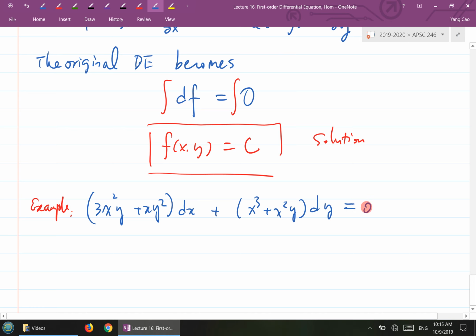Here is a differential equation, first order. We write it in the format of p of x y times dx plus q of x y times dy.